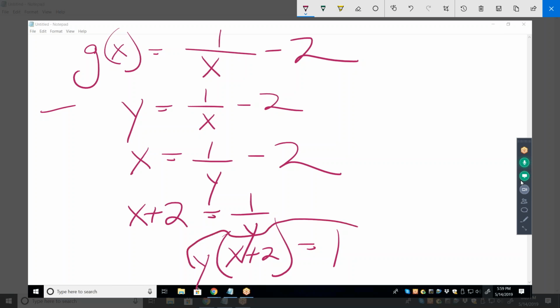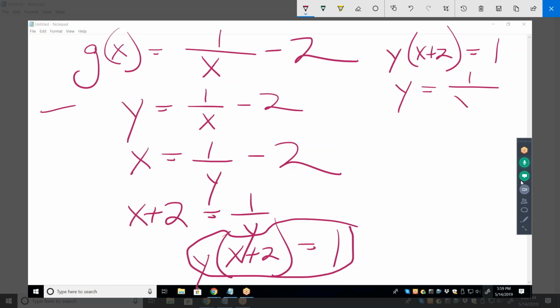You would divide by x plus 2. Not xy. Here's what I got: y times x plus 2 equals 1. How do I solve that for y? You would divide by x plus 2. And there's your answer.